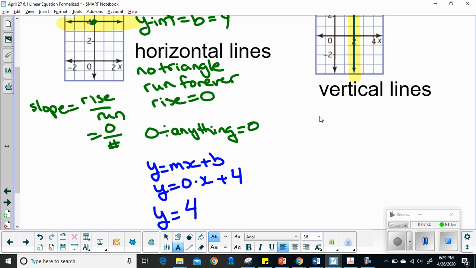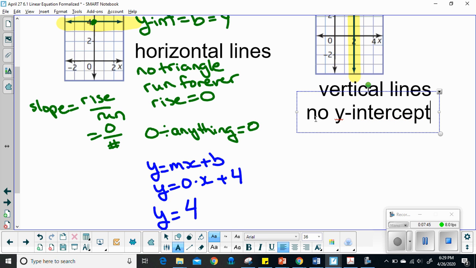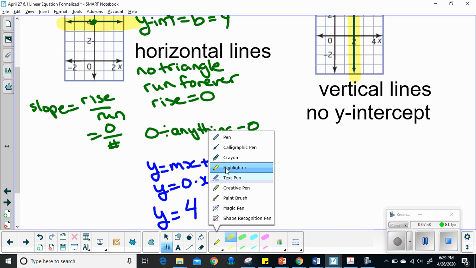What's my y-intercept? Do you see a y-intercept? No. So let's maybe write that down. No y-intercept. There's no y-intercept. So there's no number for it. It's just not there. Okay, you can't say 0 because 0 would be actually at 0. So don't say 0. Can't do that.